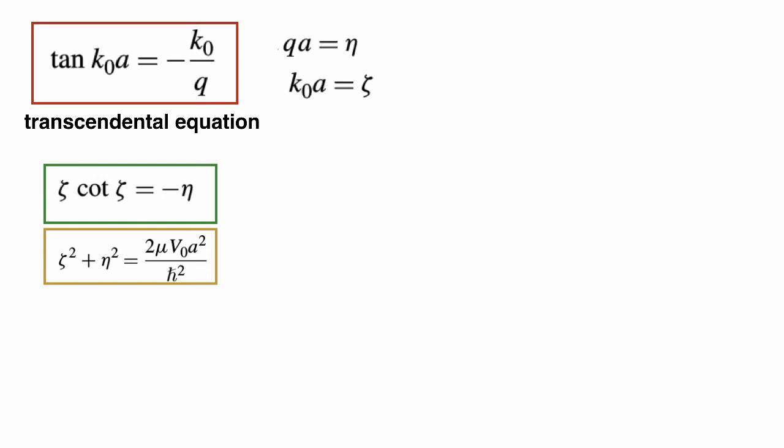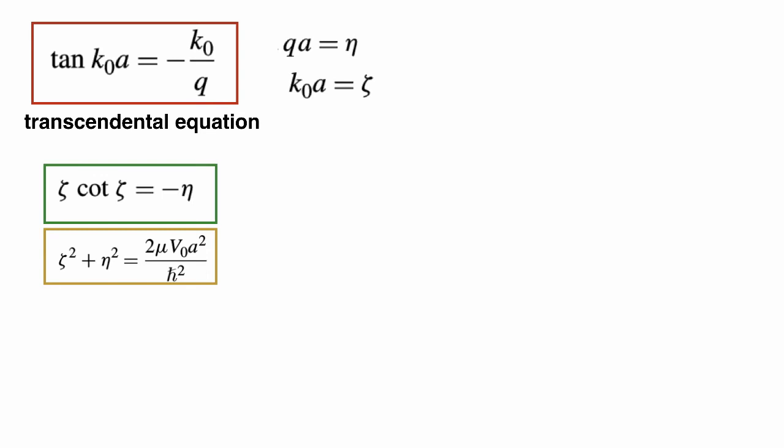Okay, so this second equation, if I make a plot with zeta on the x-axis and eta on the y-axis, or the other way around, this equation in the green box is actually the equation of a circle of radius square root of 2 mu V0 a squared over h bar squared.